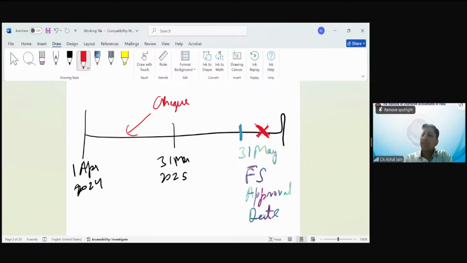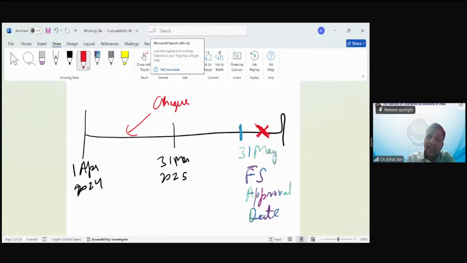After 31st May, do you see this dishonor taking place after 31st May or before 31st May? So we are saying that it is taking place after 31st May. Okay, so that's the first situation I'm creating.